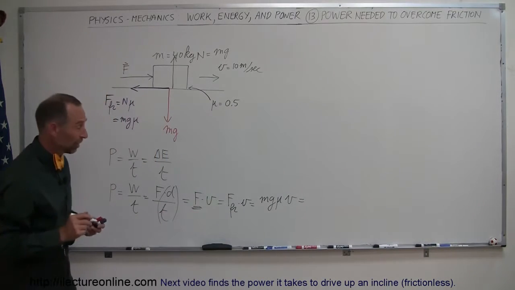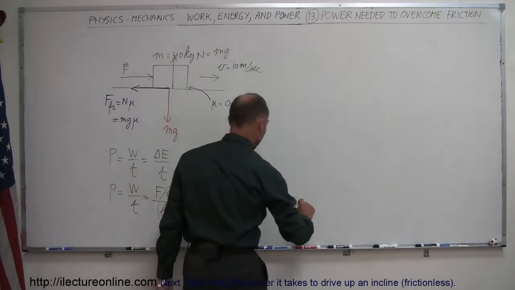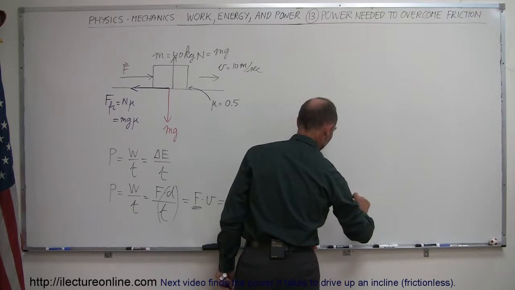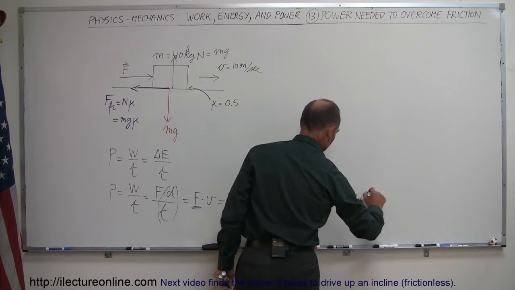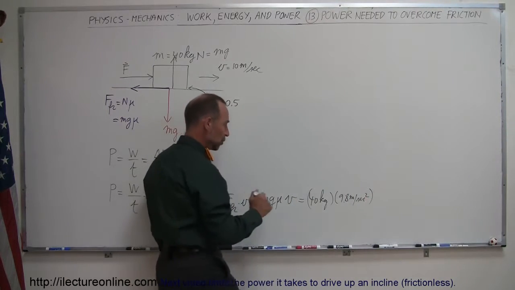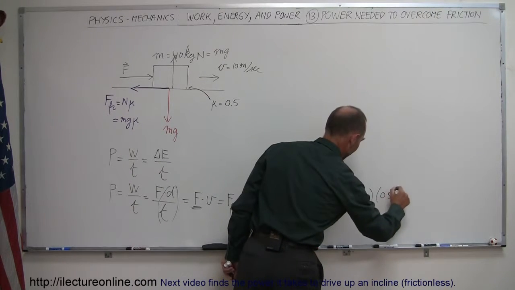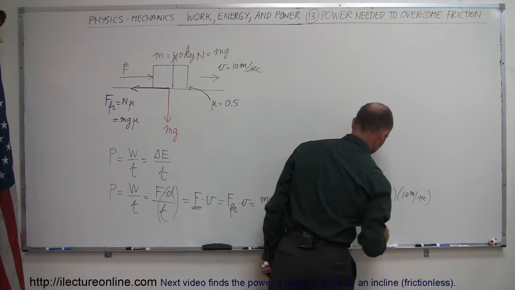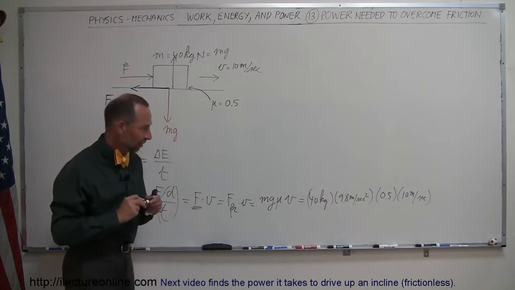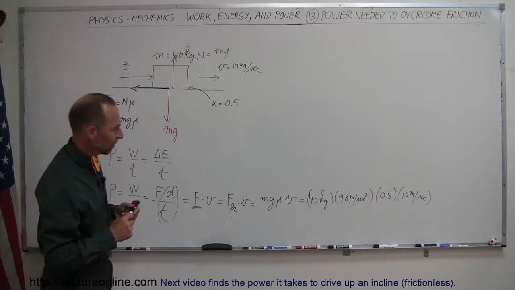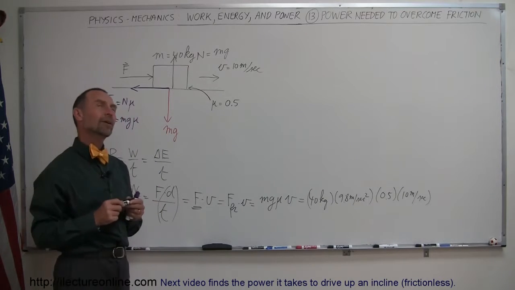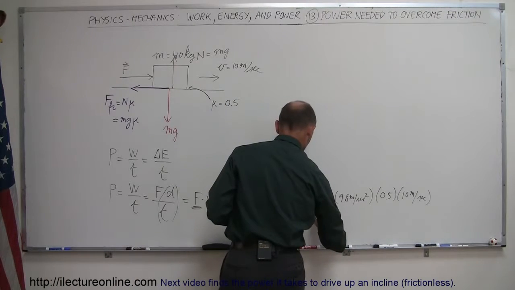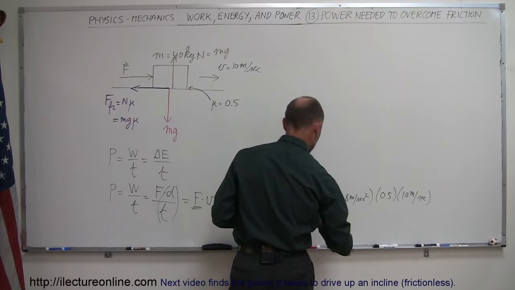So when we plug the numbers in there, what do we get? We get 40 kilograms times g, which is 9.8 meters per second squared. So we have mg, now mu is 0.5, and the velocity is 10 meters per second. And let's see here, how much is that? 3,920 divided by 2, I think it's 1,960.